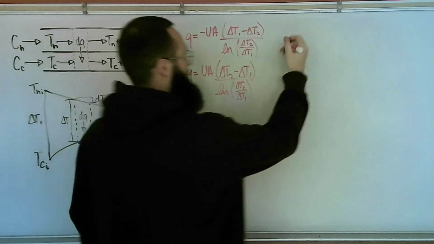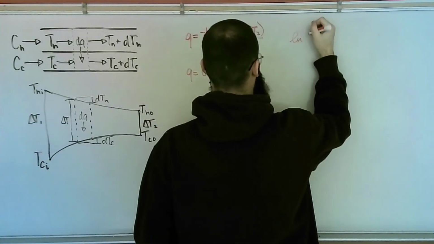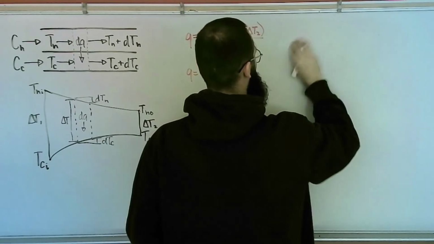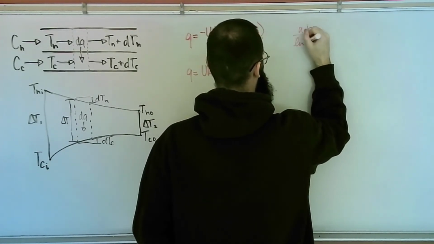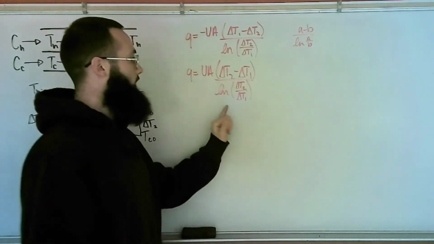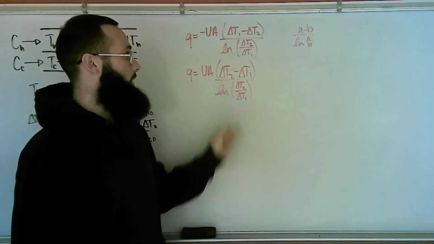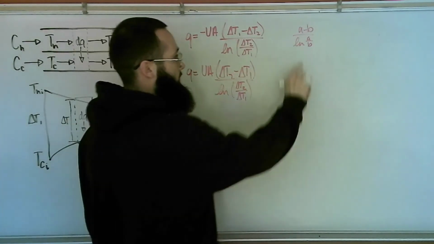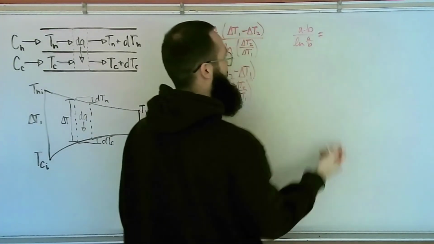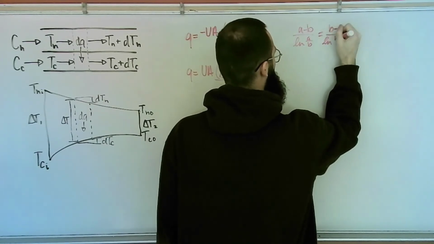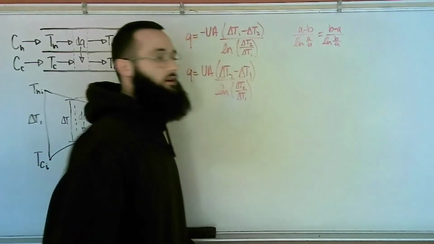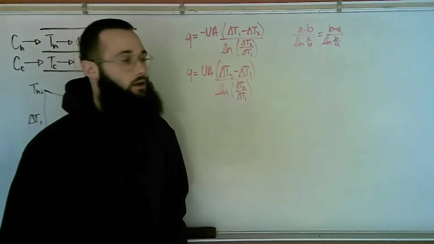So the formula for log mean temperature difference is A minus B over natural log of A over B. So you can see we have that same format here. And by the definition of this, that is going to be equal to B minus A over ln of B over A, because it's simply an average.